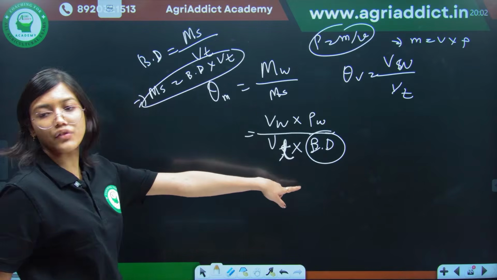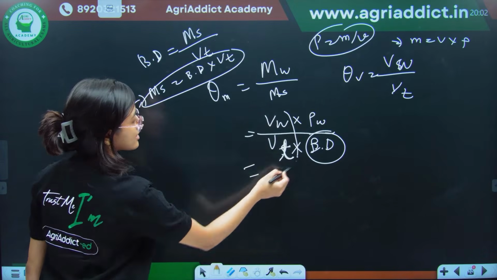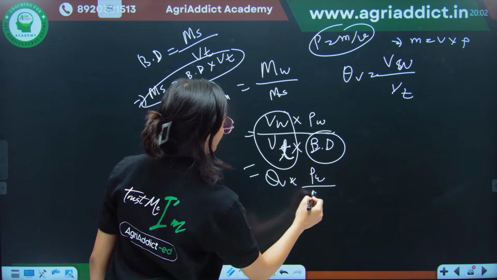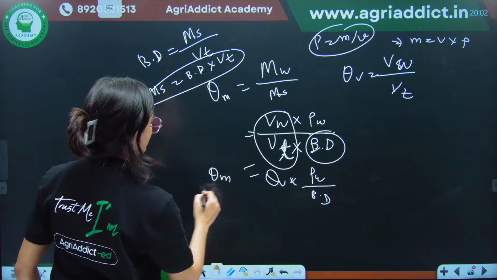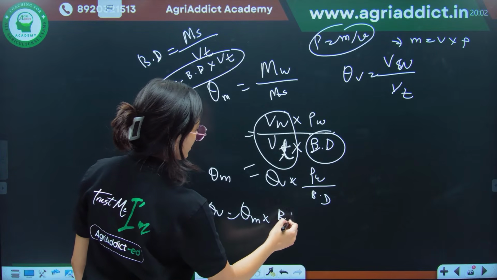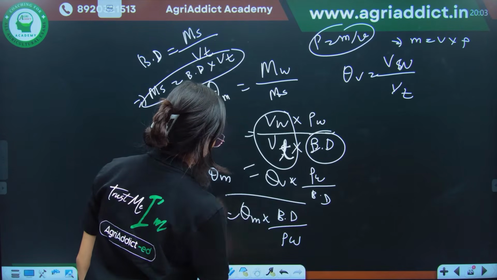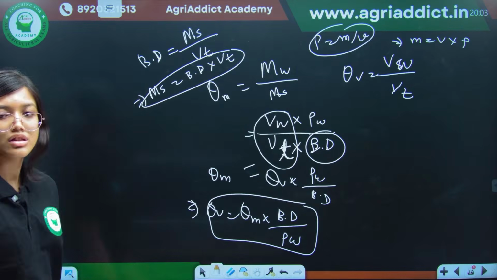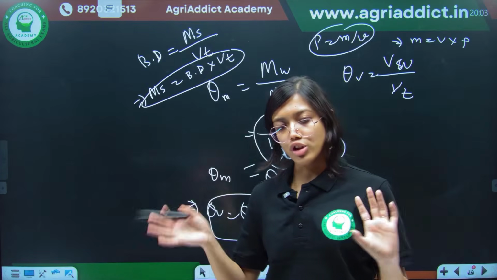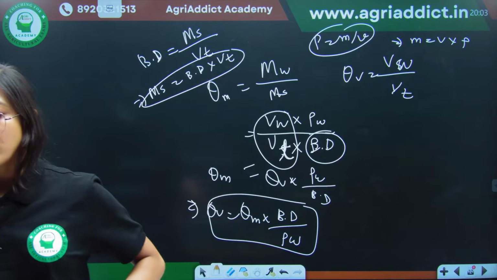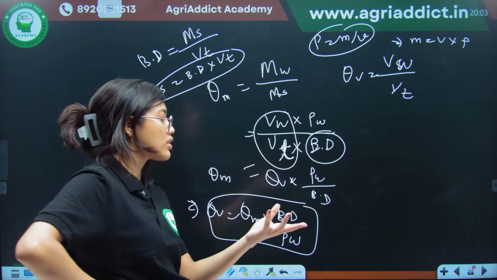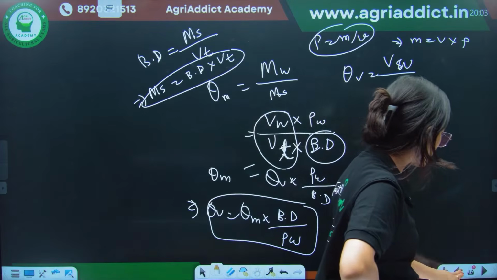So, we are putting this over here, and after that, theta V into density of water divided by bulk density is equal to theta m, or if you want to find out theta V, it is theta m into Bd by the density of water. So, this is the entire thing of how the volumetric water content is related. Yes, void ratio is always greater than porosity, because the volume of the soil solid is always less than the total volume of soil.